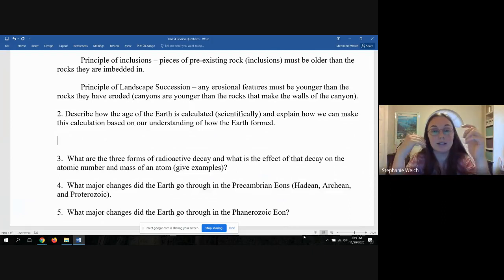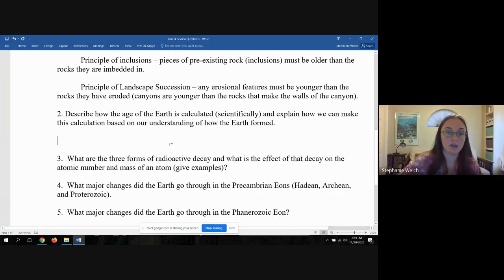And then some of the others, you don't need to know any of the details of the failed attempts, like Kelvin's attempt. Just that for whatever reason, it didn't account for one of the complexities of Earth's geology, and therefore wasn't a true indication of the age of the Earth.